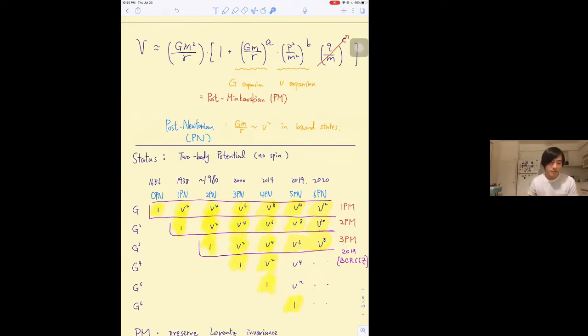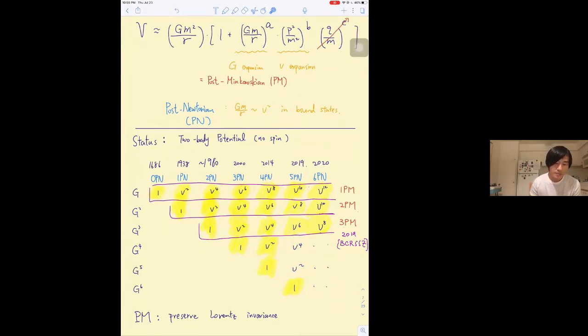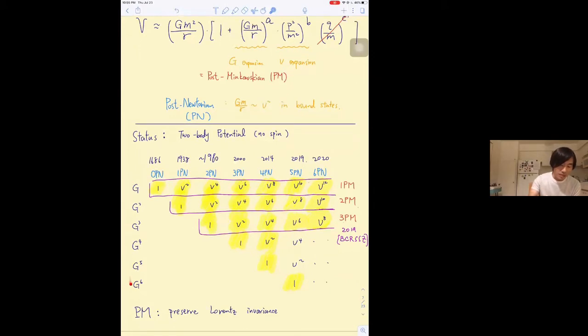Okay, so let me give a brief summary of what we know so far about the two-body effective potential in the case without spin. You can expand this potential either in the G expansion, which corresponds to these different horizontal rows, or, for a given G order, in different orders in velocity. In the standard post-Newtonian approximation, the leading order is given by Newton's law, and this is way back, several centuries ago.